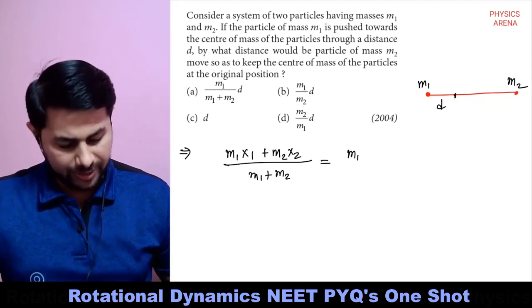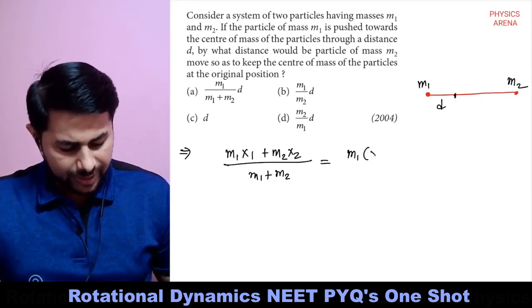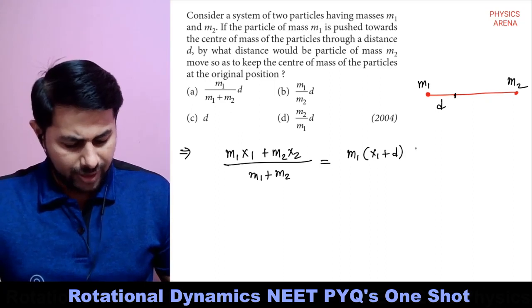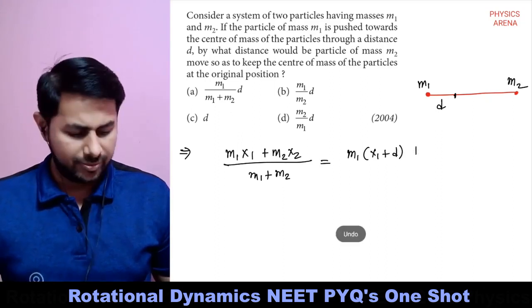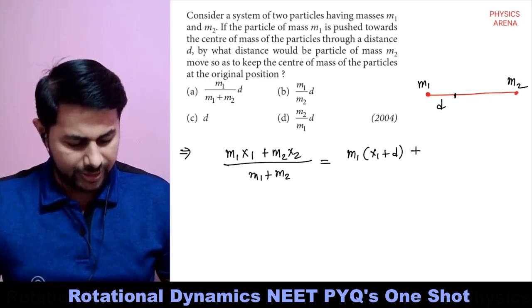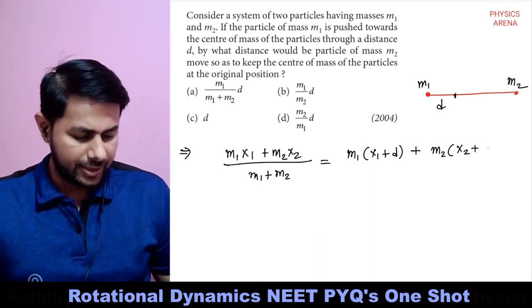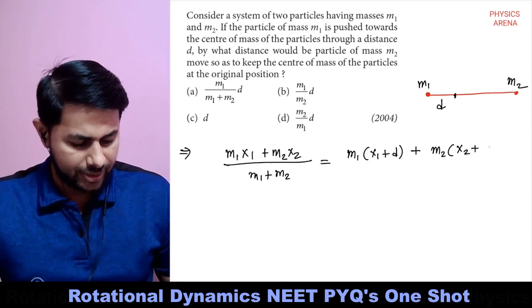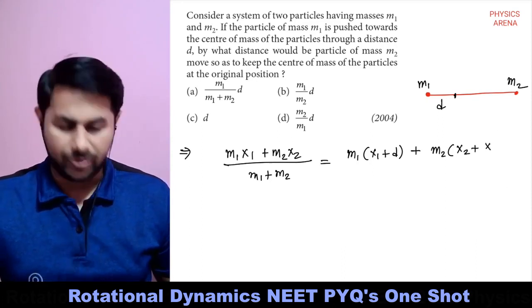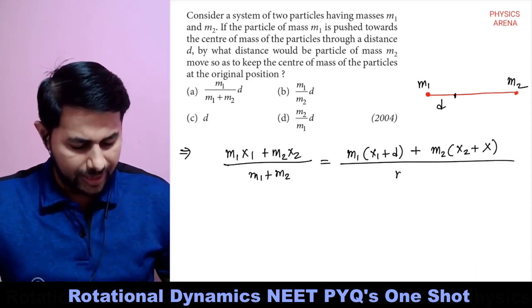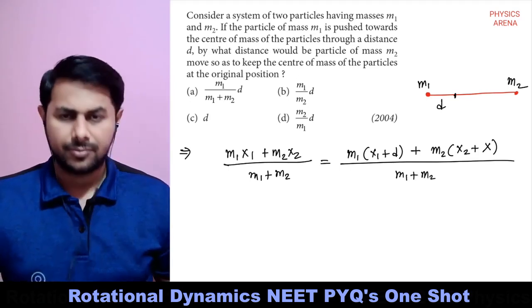So it is m1 (x1 + d) plus, now suppose we move second one by whatever distance, m2 (x2 plus, let's call this distance x). We have to figure out this, divided by m1 plus m2.